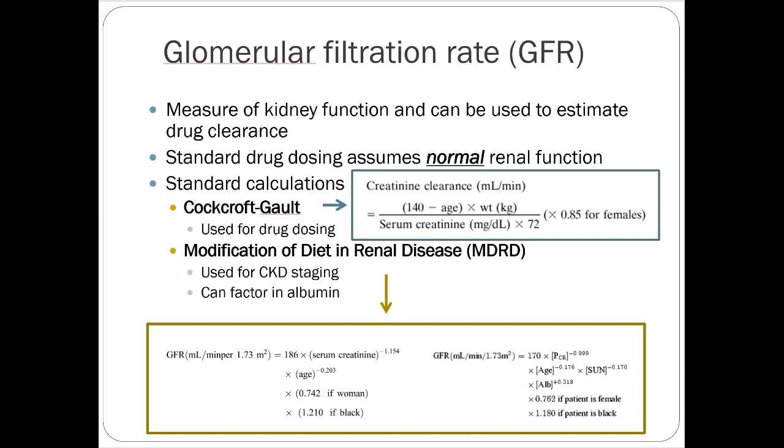The MDRD equation is the newer one that takes more factors into consideration. It's probably more detailed. It's used for CKD staging, and it will give you some drug dosing. Newer drugs are coming out with updates on using the MDRD equation and the GFR as opposed to the creatinine clearance. So the point is that they're slightly different in how we use them.